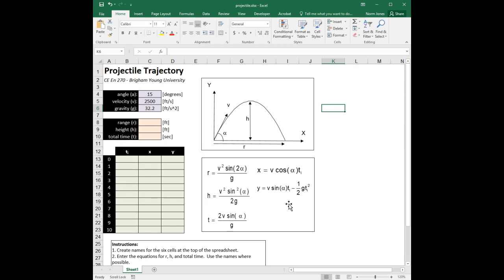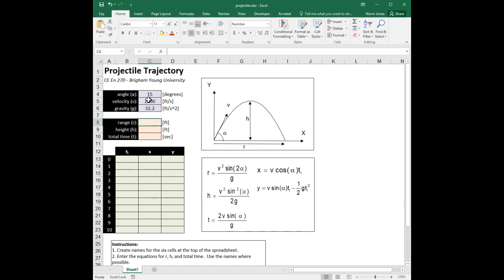All right, so let's go back, and we are going to use cells C8, C9, and C10 to calculate the range, the height, and the total time. And before we do that, however, we're going to talk about naming cells.